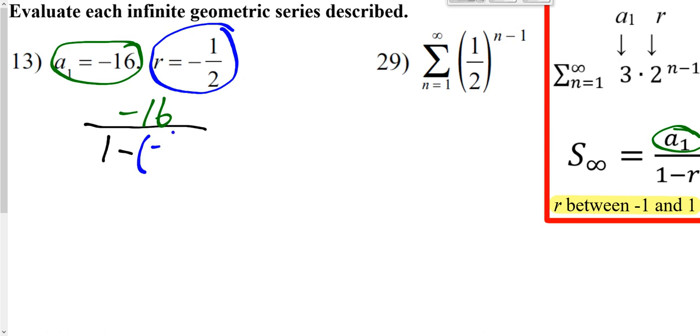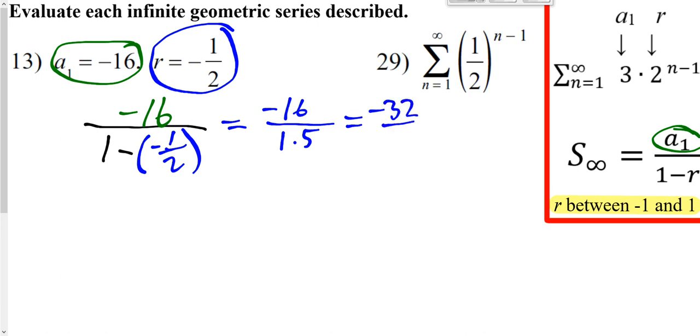And I always like to put r in parentheses. So we could work this out one step at a time. You could type in the bottom and you get 1.5, and then you could go ahead and work that out, and you would end up getting, when you turn it into a fraction, -32 over 3.